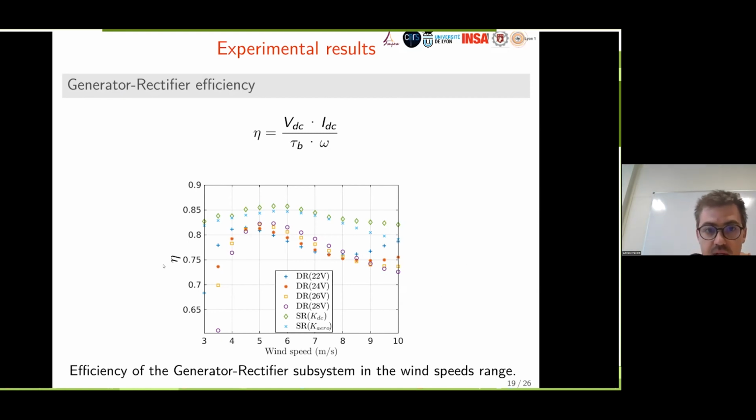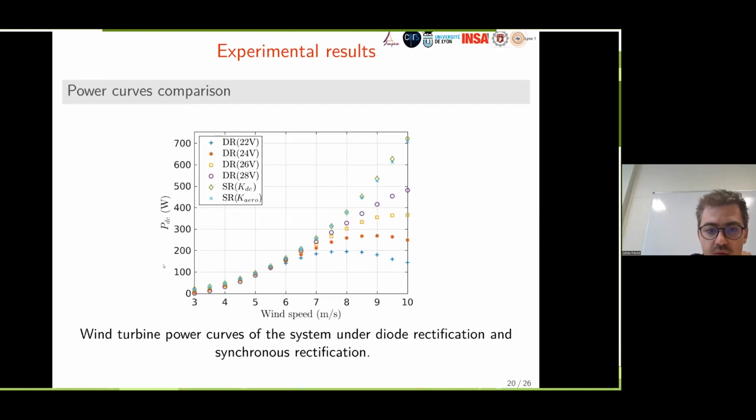Then let's have a look at the power curves. For the synchronous rectification, we have a better power curve for all wind speeds, but we can see that between 4 and 7 we still have good performance with the diode rectification. But the simple passive rectification is very sensitive to battery voltage.